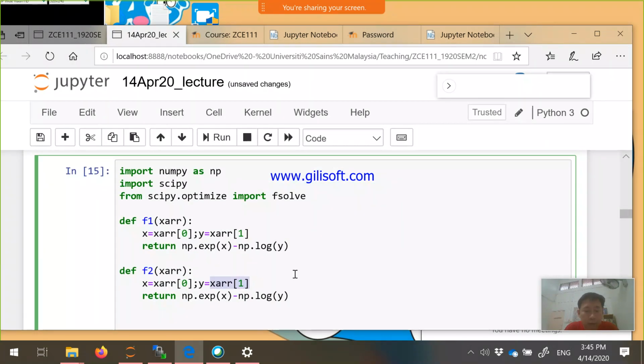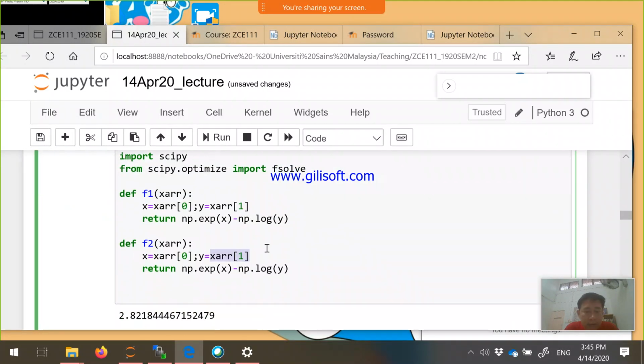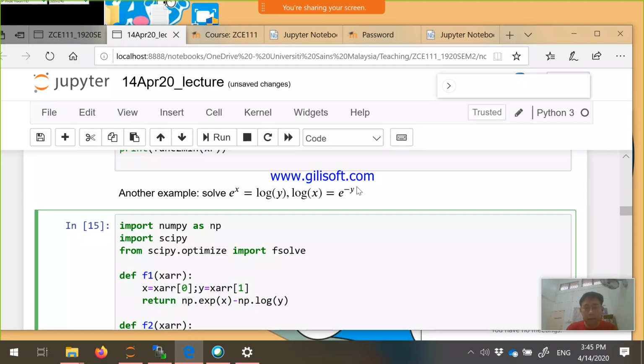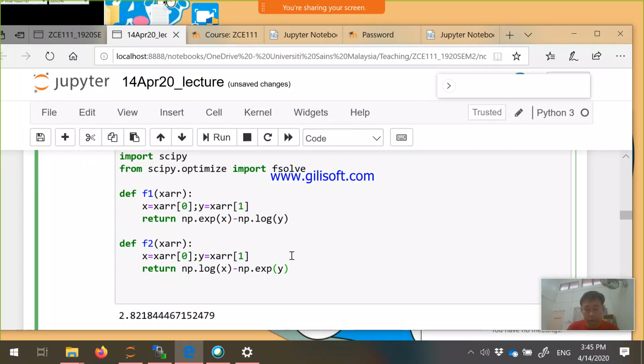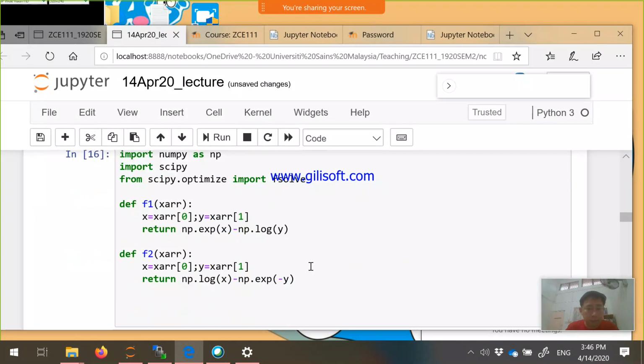So I'm going to define my function to be log x minus e to the y. It should be log x minus exp, but it's not y though, it's minus y. Be careful, this is minus y. That would define my x, y1 and y2.